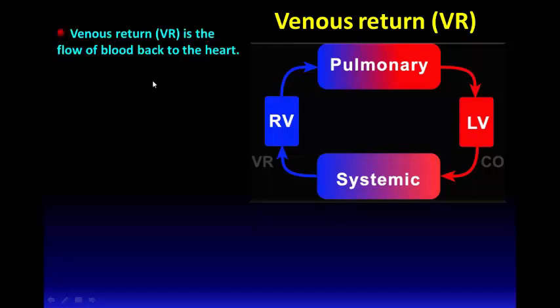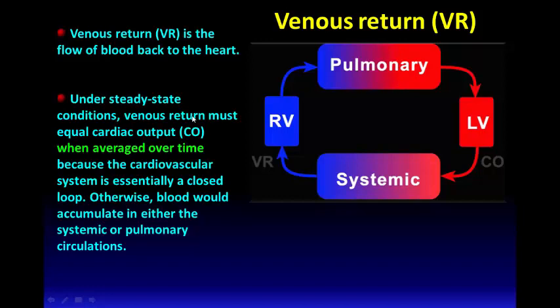Venous return is defined as the flow of the blood back to the heart. So here we have the right-sided venous return from the systemic tissues, and here we have the left-sided venous return from the lungs.